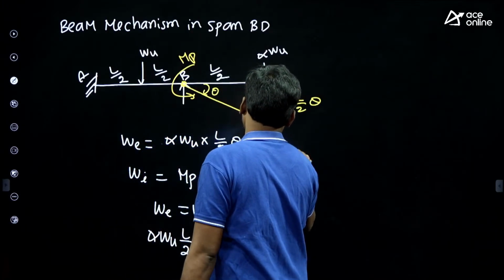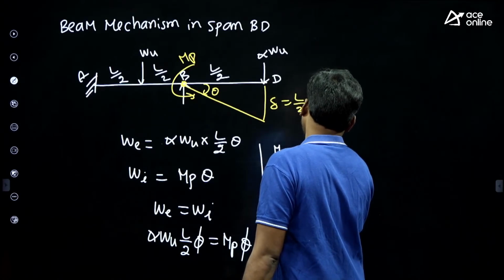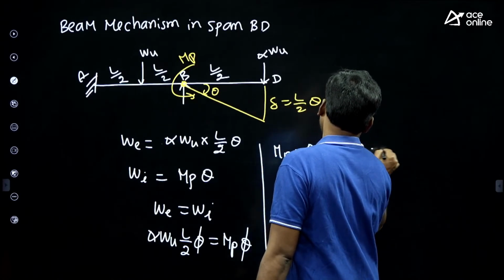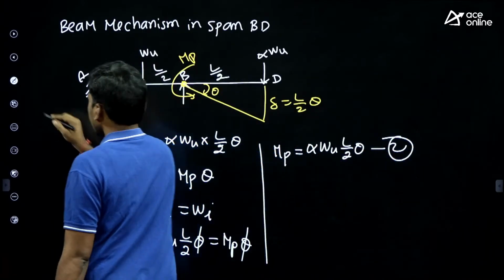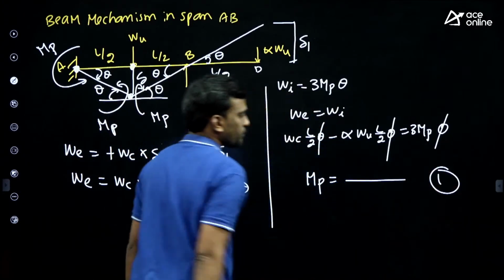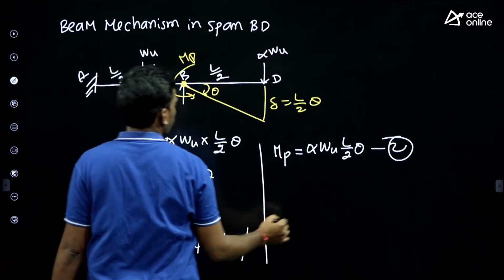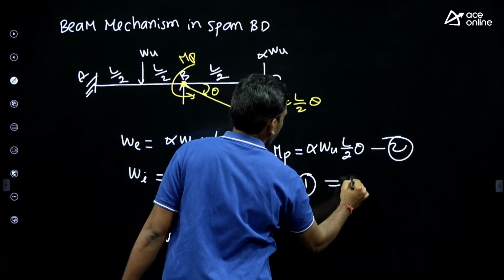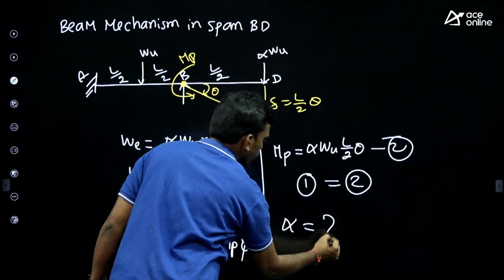Okay, so from this equation you will get alpha ultimate load L by 2 equals MP. This is equation 2 for example. And this is the equation number 1. Okay, just equate equation 1 and equation 2.